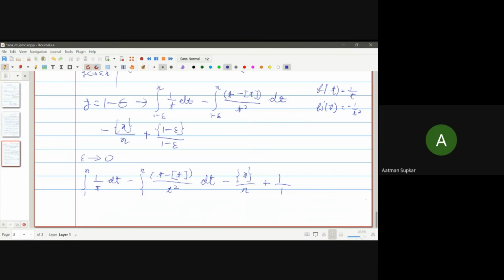We can throw in one approximation right now. This thing, fractional part of x, by definition of fractional part, is less than or equal to 1. Implies fractional part of x by x is O of 1 by x.